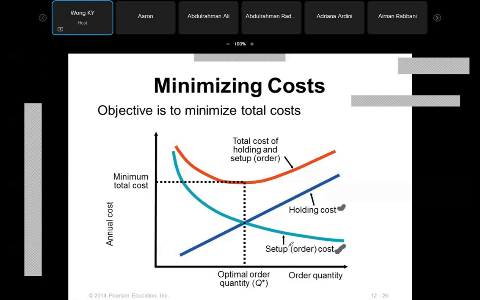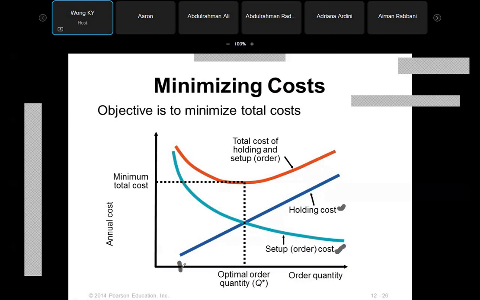Okay, what about setup or ordering costs? If we plot setup or ordering costs versus order quantity, it will look something like this. It will decline. Anyone knows the reason why it is like this? The reason is quite simple. Let's say we order less quantity, let's say we start here.